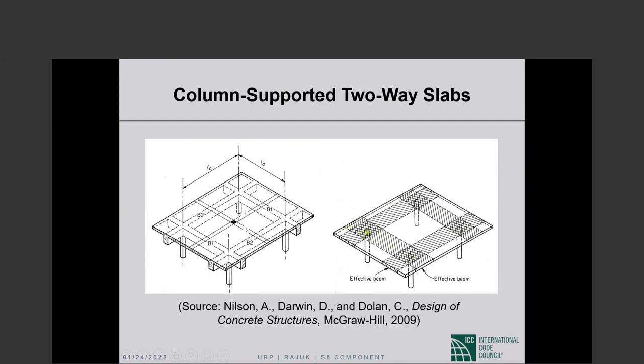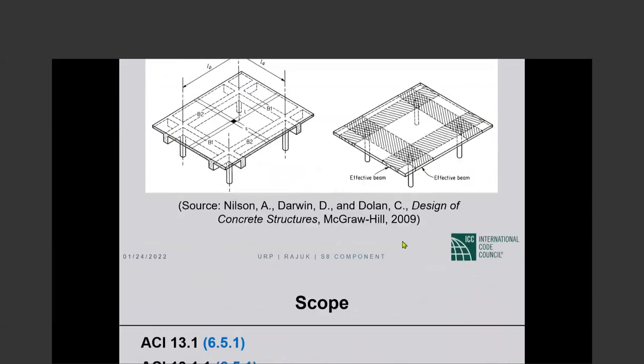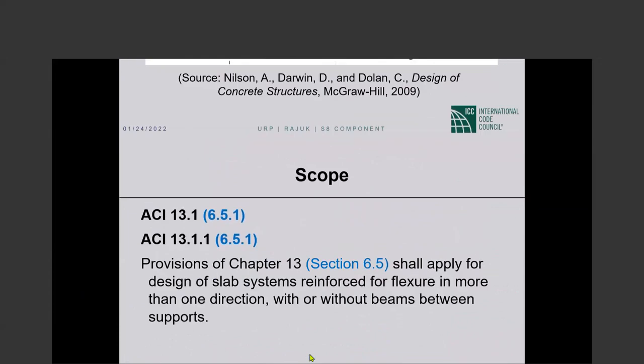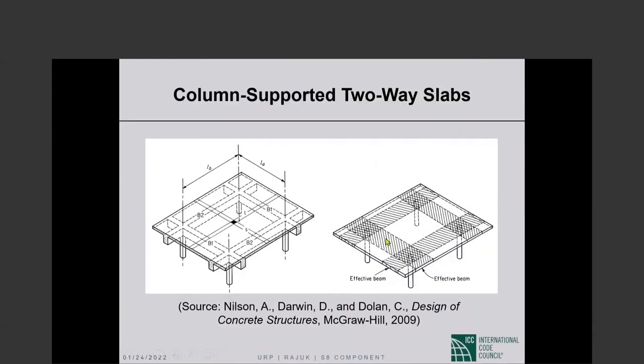So half a column strip from the right panel, and half a column strip from the left panel will give us a full column strip along the column line. So we have middle strip and column strips.